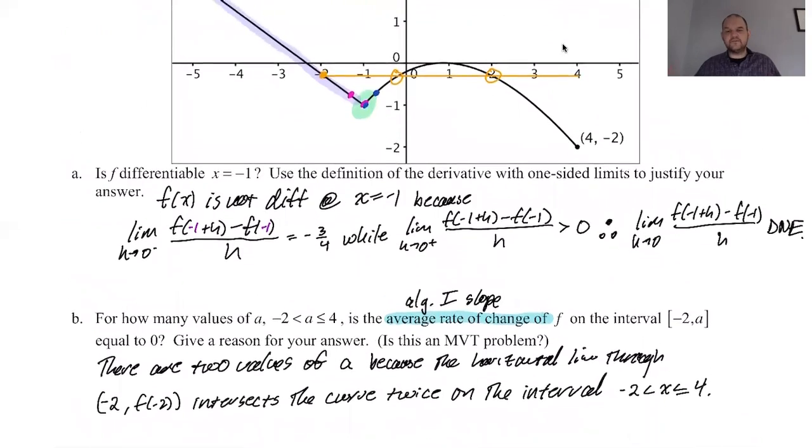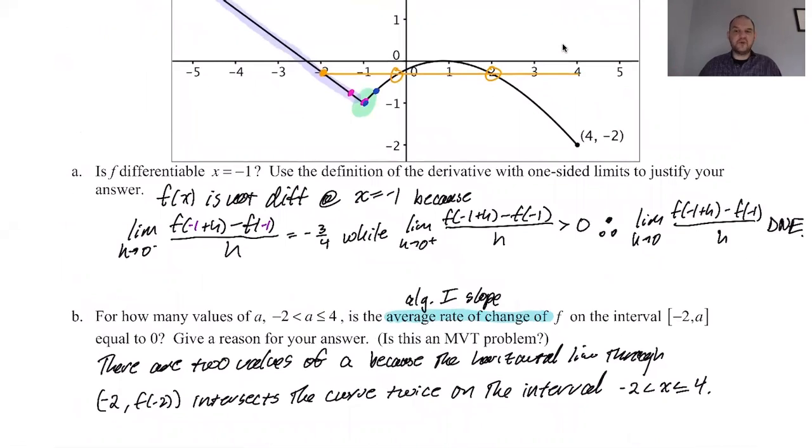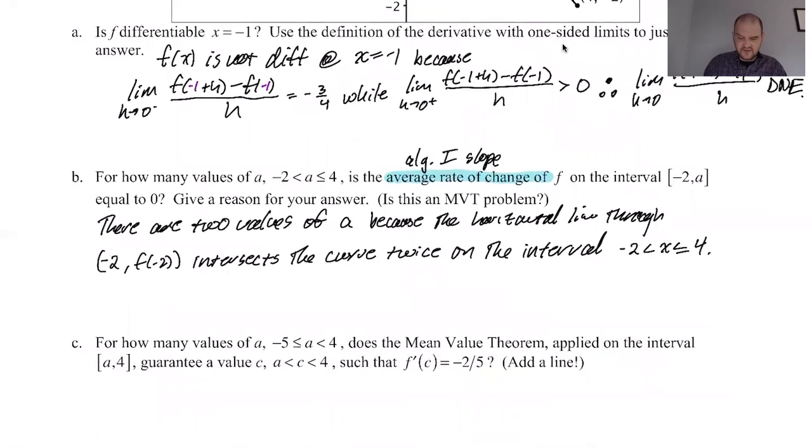I think it's good. Is this a mean value theorem problem? This is not a mean value theorem problem, right? So first of all, the function is not differentiable on either of the intervals that you would have. You would have like -2 to, I don't know, say -0.2 or -2 to +2 maybe. Function's not differentiable, so mean value theorem doesn't apply. But also, even though this feels like the setup of the mean value theorem, it's not asking you to use the mean value theorem.